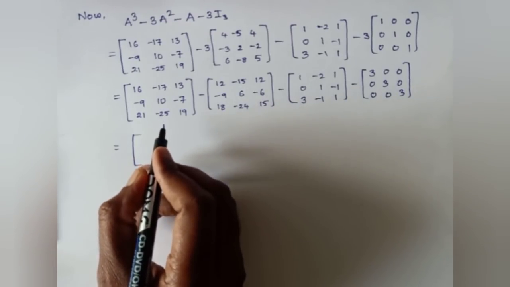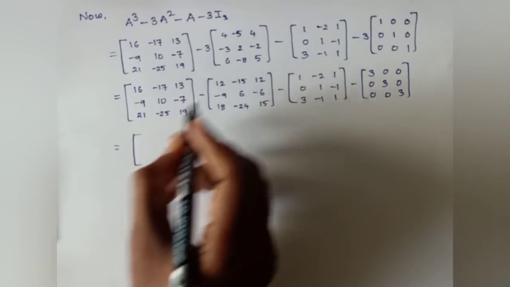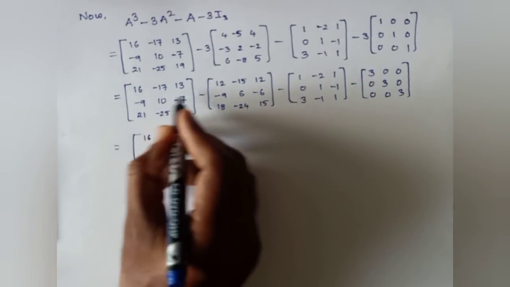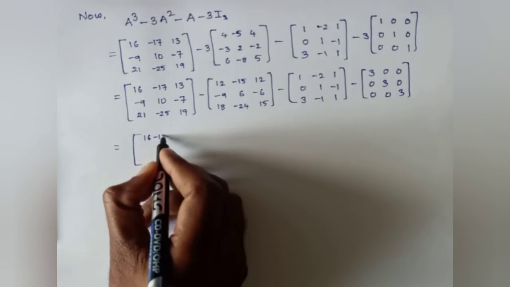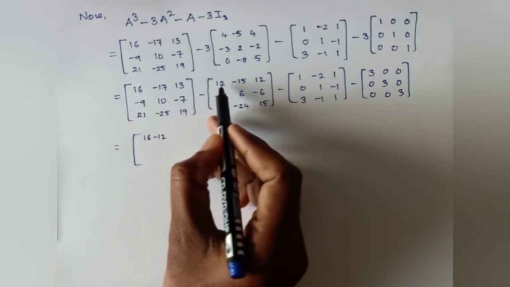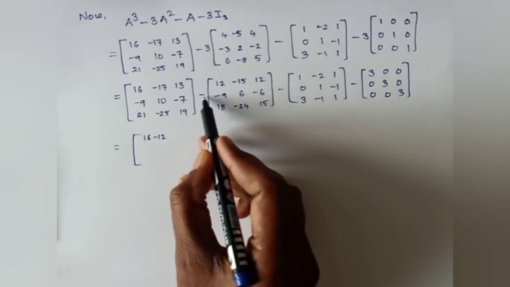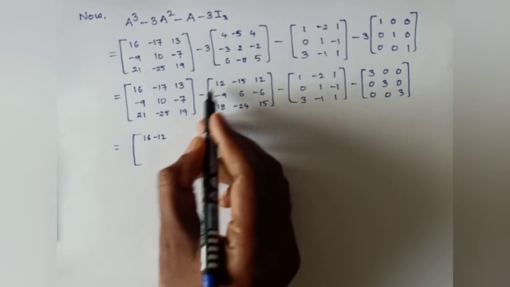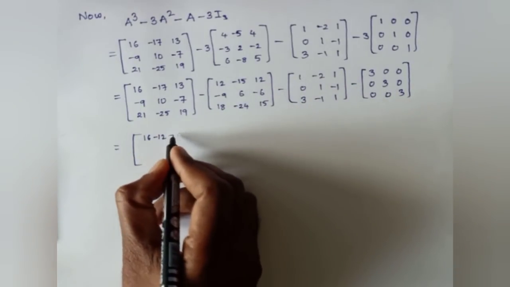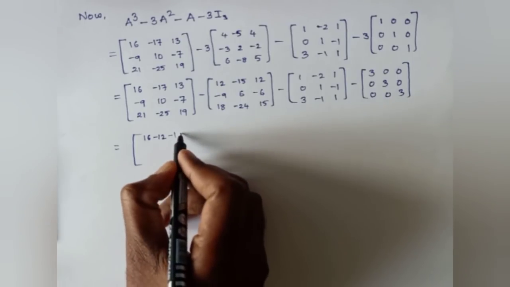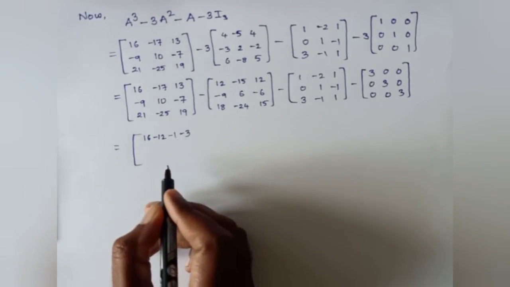Now, this is finally 16 minus 12. You just need to add the corresponding elements, 16, 12, 1, 3, and use the signs also. So 16 minus 12, this is minus 1 and minus 3.